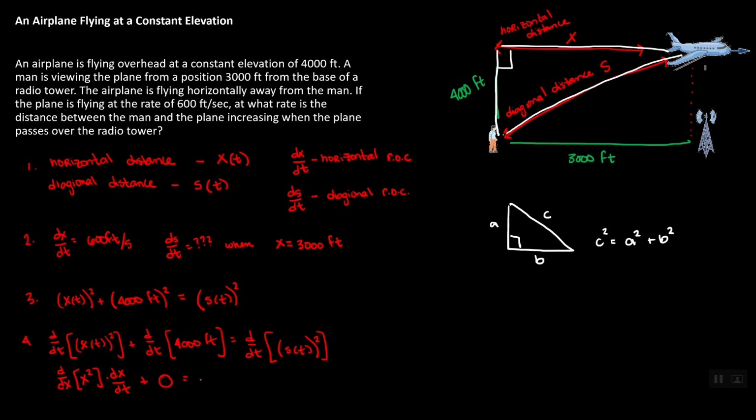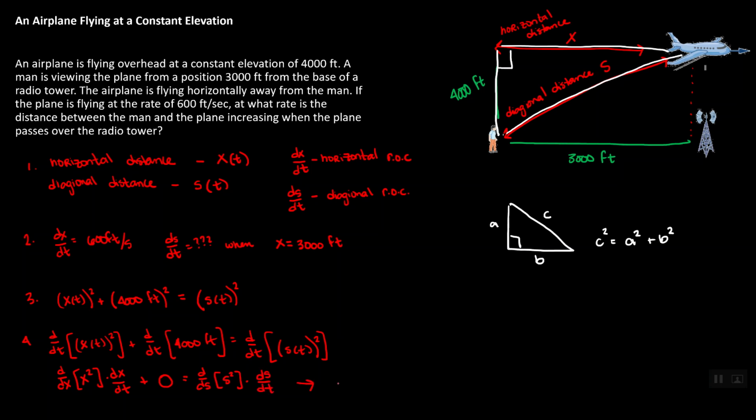Then on the right-hand side of the equal sign, we have the derivative of s(t) squared with respect to t. Again, the chain rule here. First, we'll take the derivative of s squared with respect to s, then we'll multiply that by ds/dt.